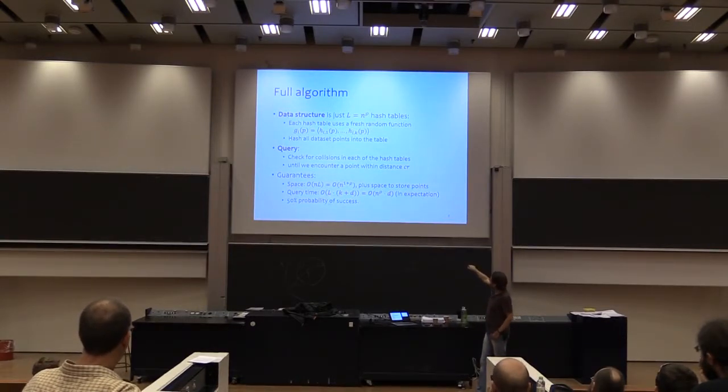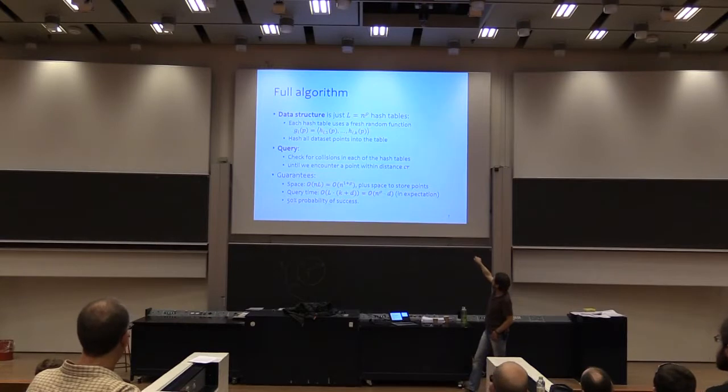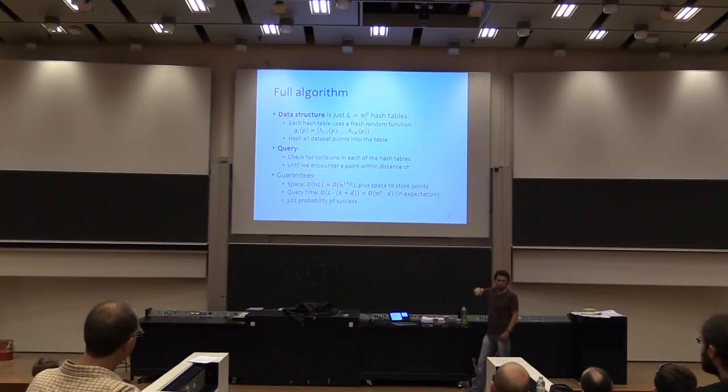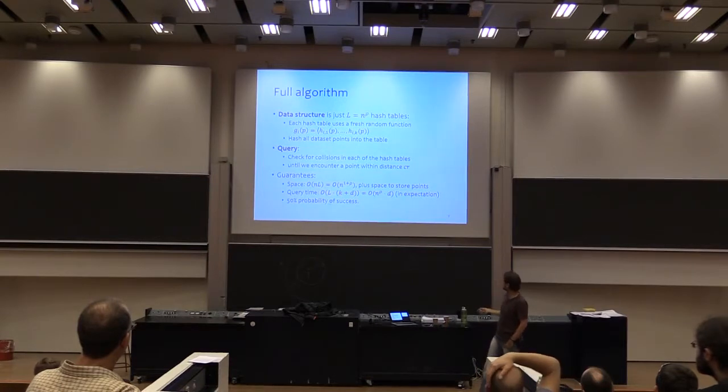And the query time is essentially L, the number of hash tables, plus the time to hash, which is usually about k, and we have to compute all these hash evaluations, plus d to compute the distance to the candidate points, and essentially it will be n to the power rho times, let's say, dimension d, in expectation. This is perhaps not obvious, but we will prove that this query time is indeed this.